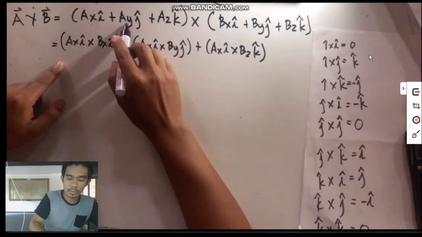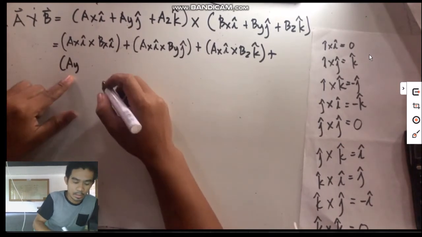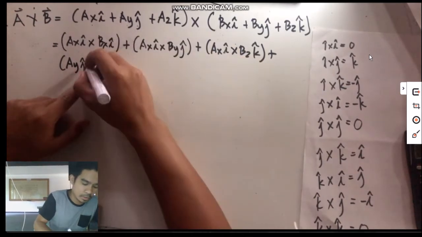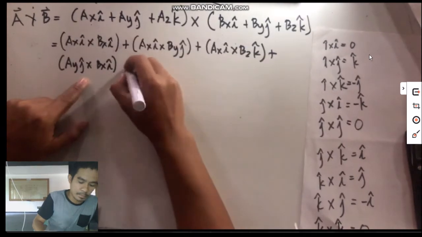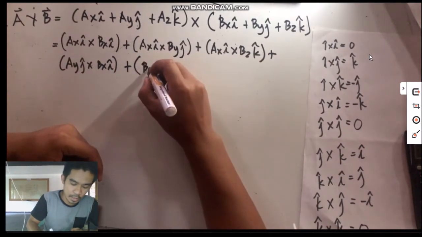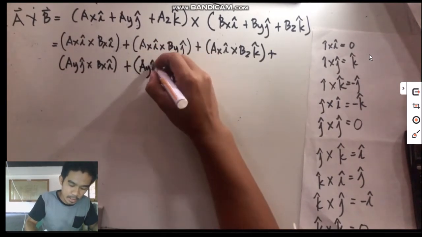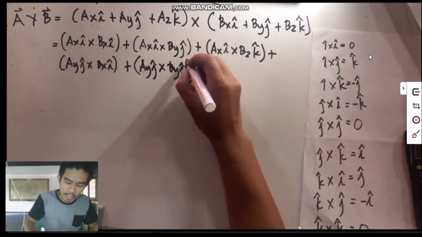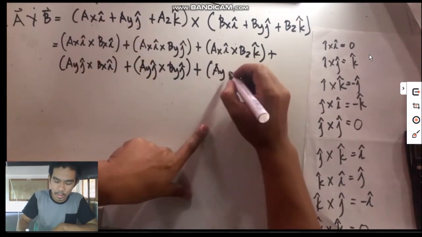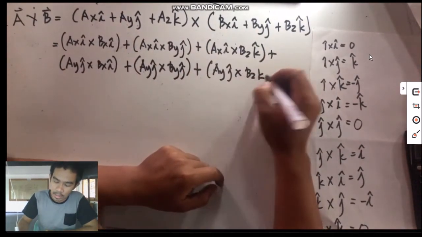Right. Next, Ay with Bx. So you have plus Ay j hat cross Bx i hat, plus Ay j hat cross By j hat, plus Ay j hat cross Bz k hat.